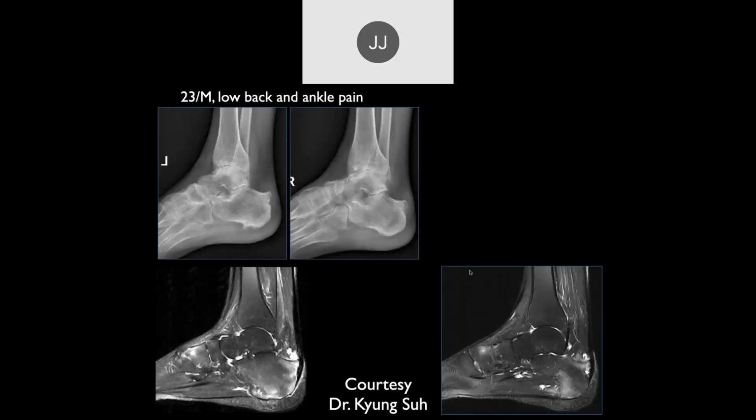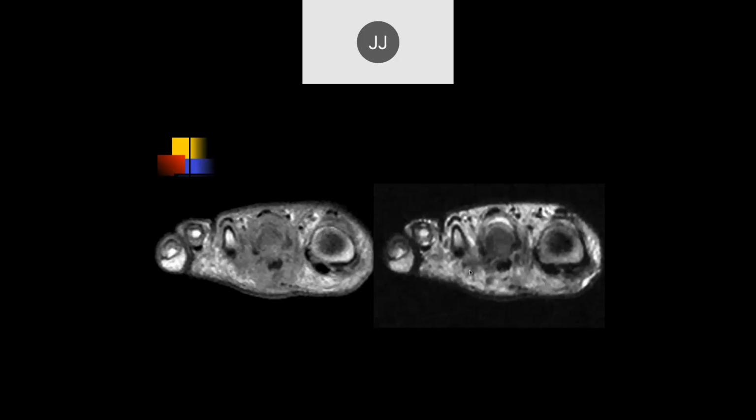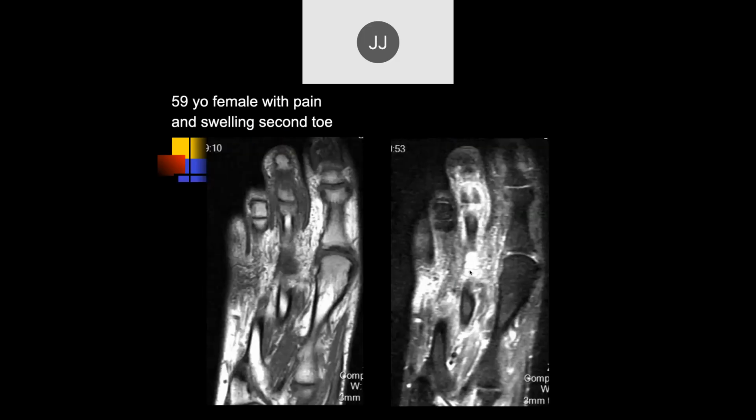Can you go back one, John? What's interesting about this, I need an AP cut. Yeah, no, not this one. We already went over this one. The next one, John. This one here.